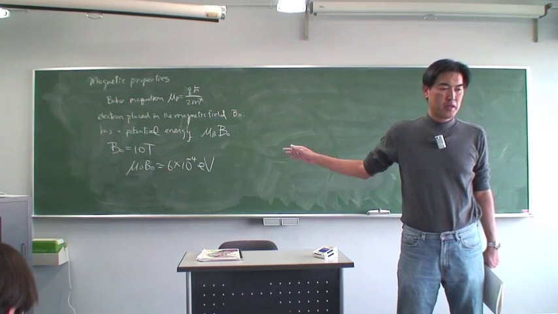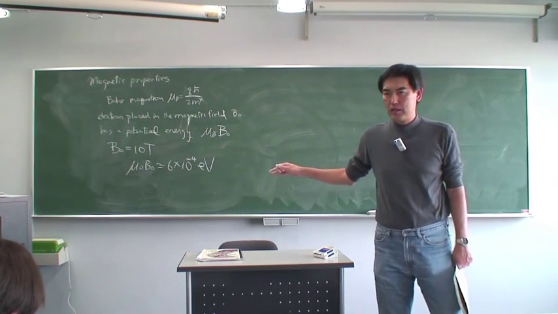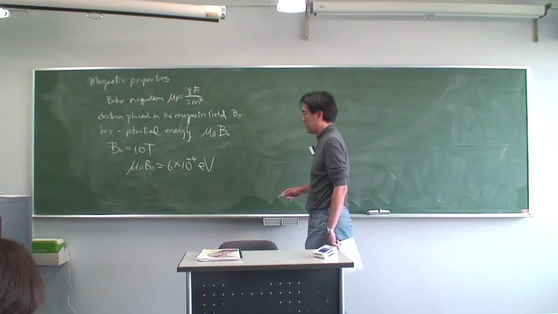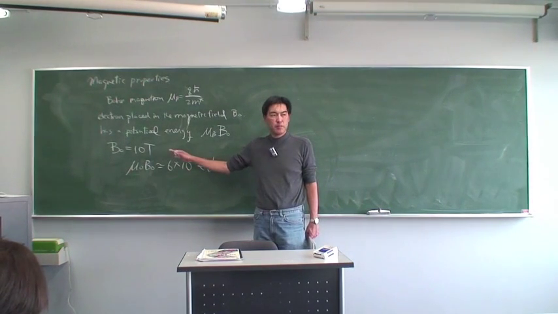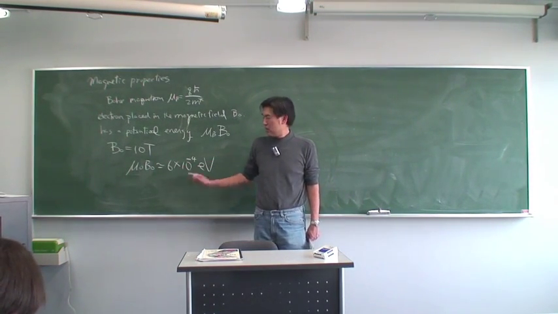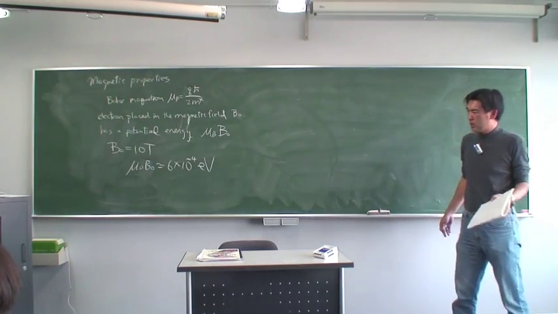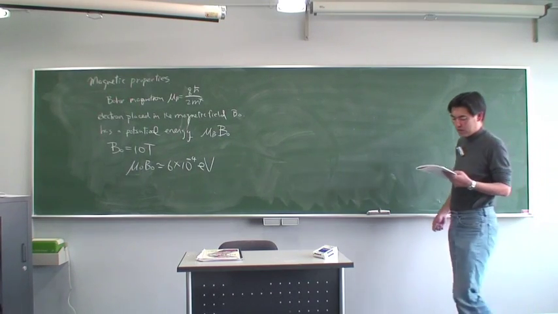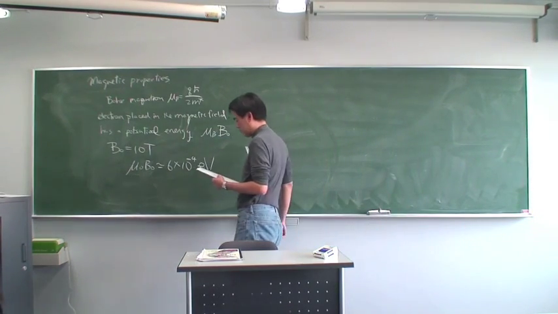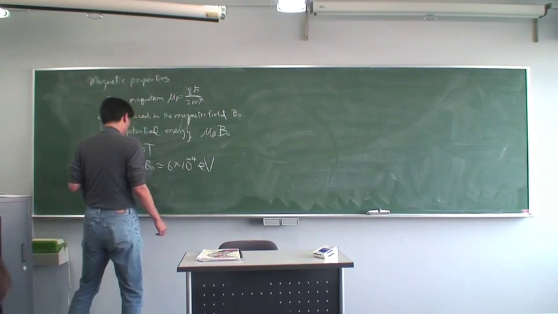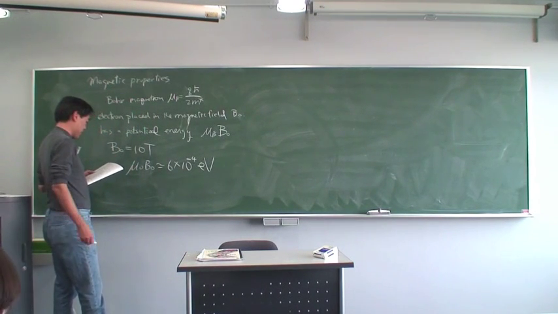So the Fermi energy is of the order of 10 electron volts. Even if you apply a large magnetic field of 10 Tesla, the electron can change potential energy by only 6 times 10 to the minus 4. That's a very small energy, but that can actually induce some magnetization.